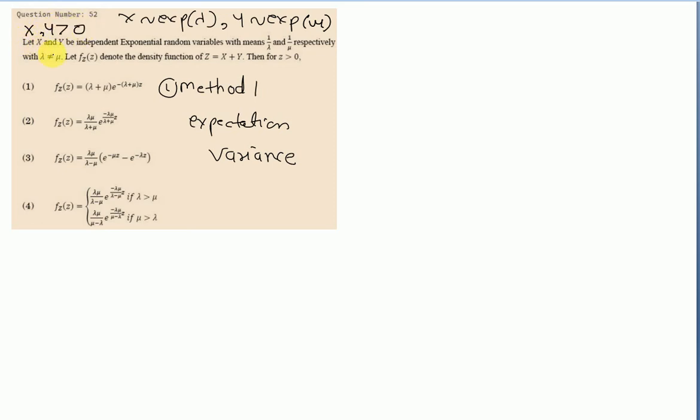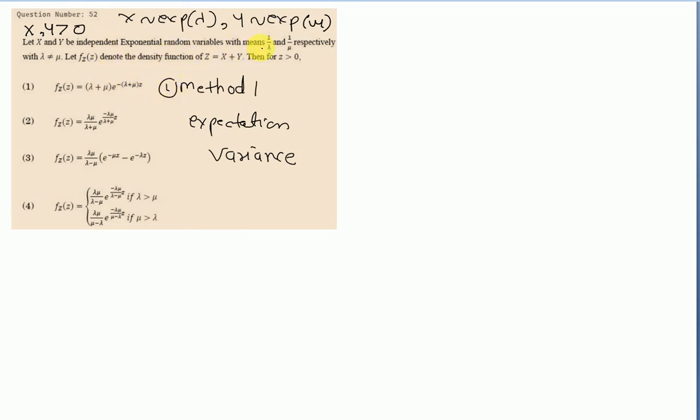Now finding the PDF, expectation and variance for each of these density functions, without knowing which one could be the suitable density function, is a little bit longer way, but we can adopt it, there is no problem, it is a correct method. There can be a shorter method where you can find the PDF of this Z equals X plus Y.